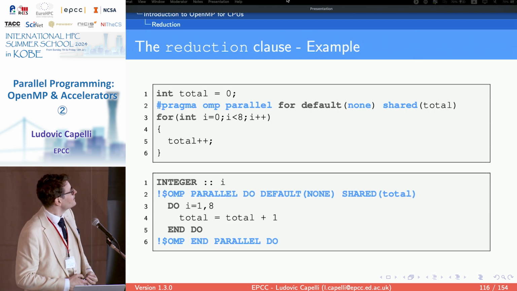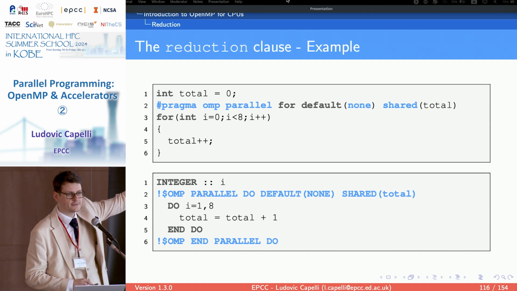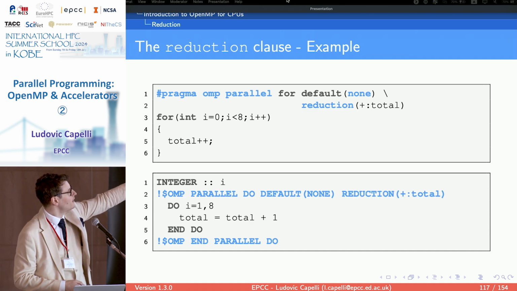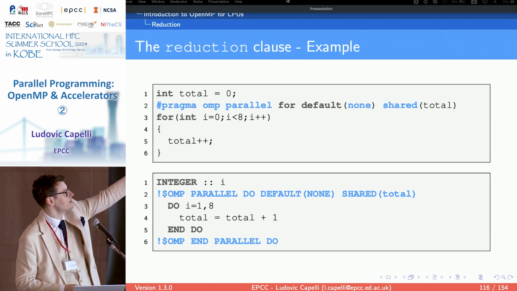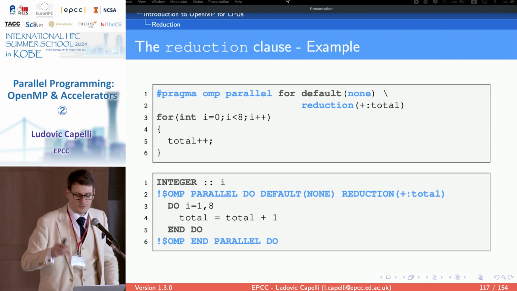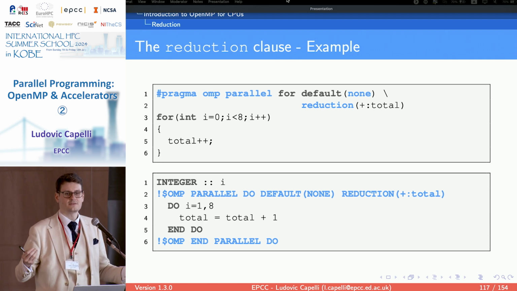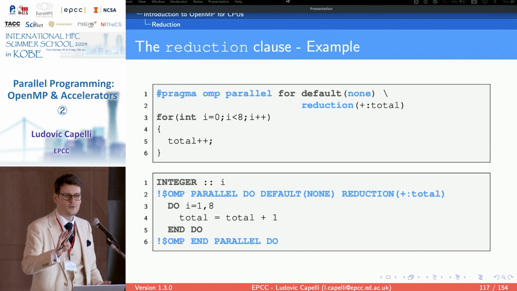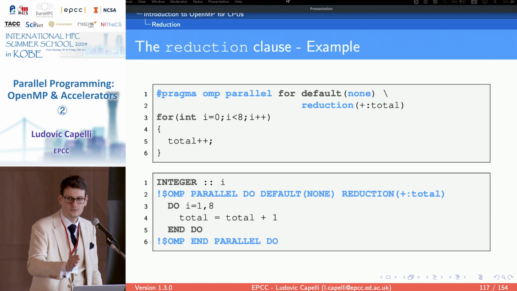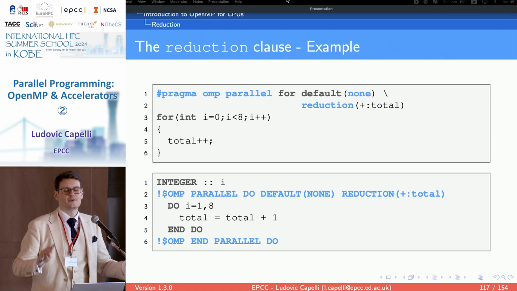Now, if we do this, so you have your original for loop, and you're like, oh yeah, I've seen we can use reduction. And then you may be wondering, where did the shared go? Because they were shared here, and it's no longer here. Because when you're using reduction, OpenMP is treating things behind the scenes automatically. So you don't have to say if it's shared, private, firstprivate. OpenMP knows it's a reduction variable, so it's going to take care of it in a special way.